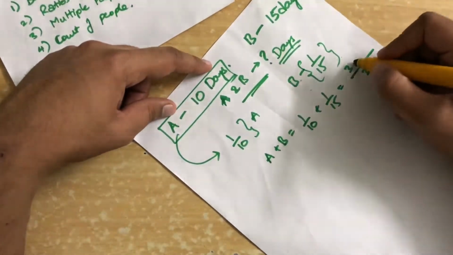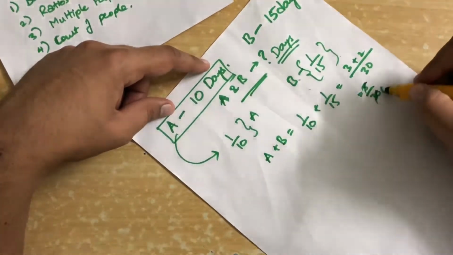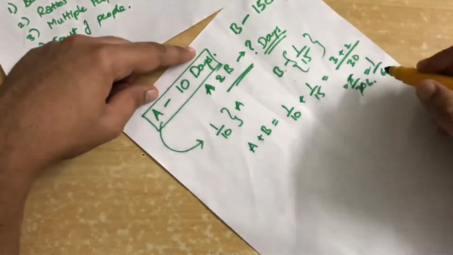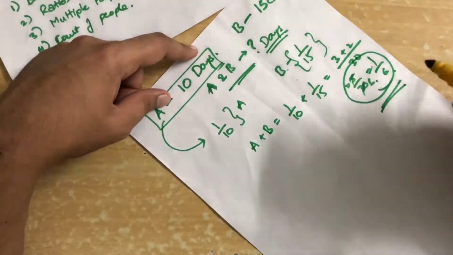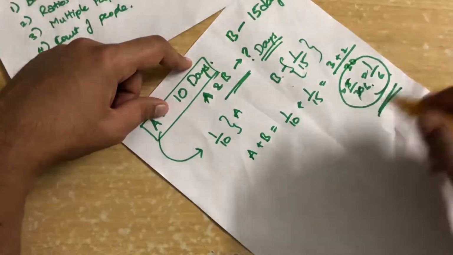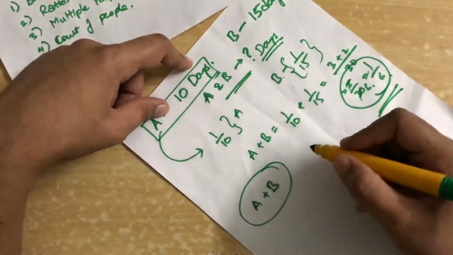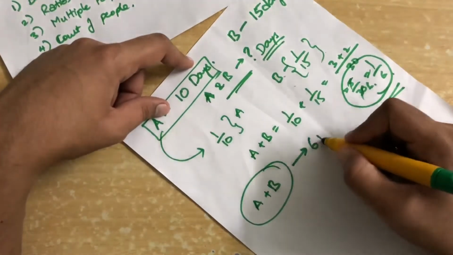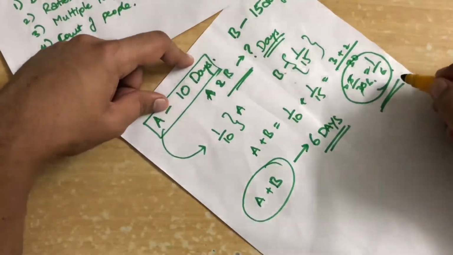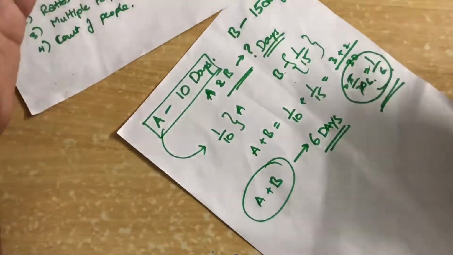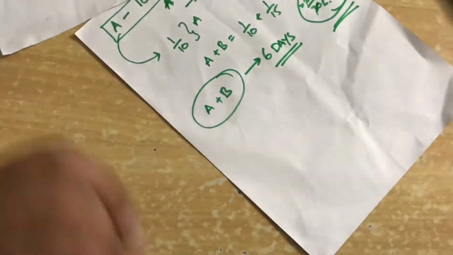So that is 3 plus 2, that is 5 by 30, which is 1 by 6. So A plus B can complete 1/6 of the work each single day. So what does that give you? A and B, when they work together, can complete the work in 6 days, because each day they can complete 1 by 6th of the work. So this is a basic problem.